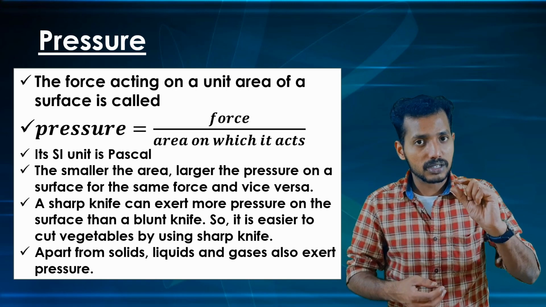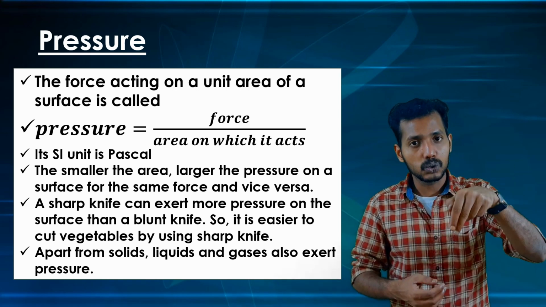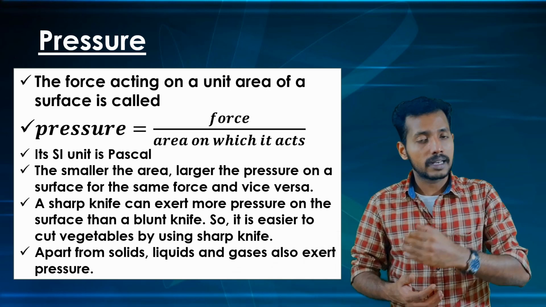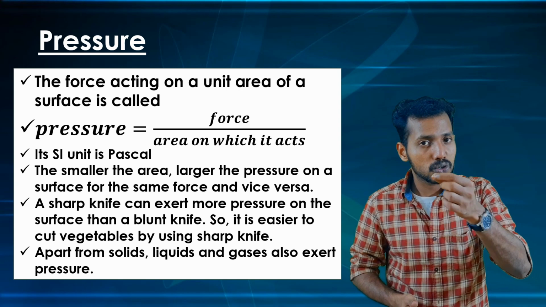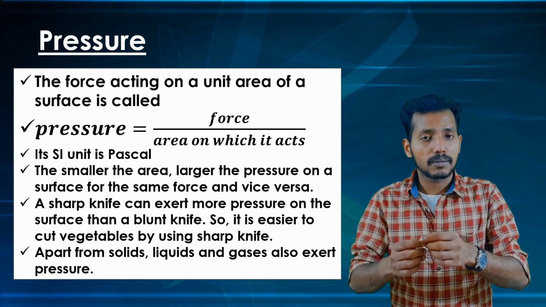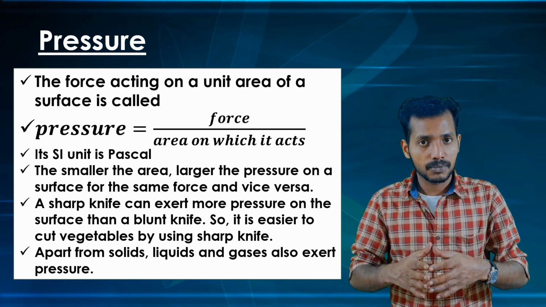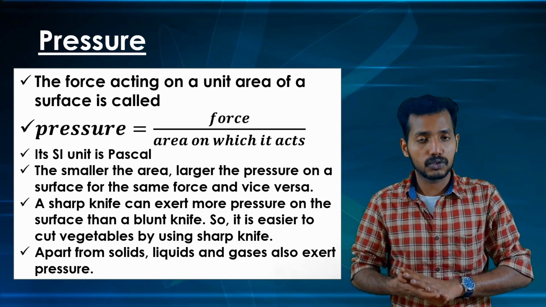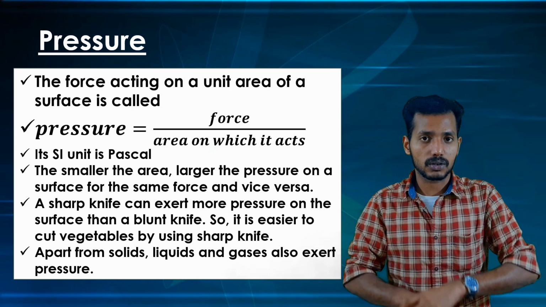Due to the low pressure, the iron nail was not able to get into the wooden plank. While in the second case, the area was too small, so the pressure increased, and due to the high pressure, it penetrated into the wooden plank and got fixed.